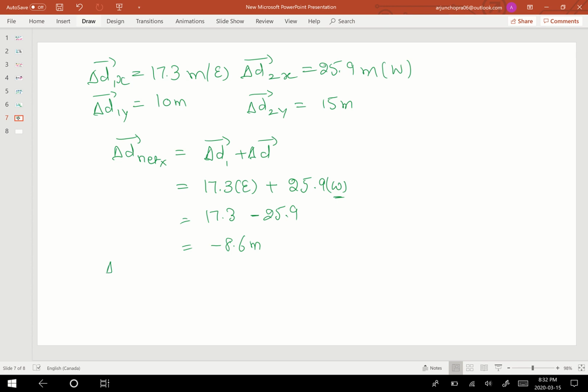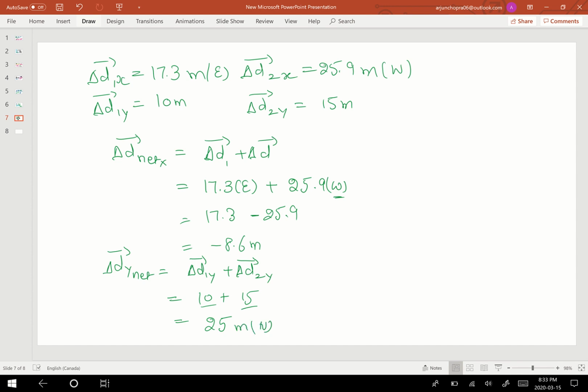And delta dy net is equal to, again, delta d1y plus delta d2y. This will give me 10 plus 15, which comes out to be, both are in north direction, so both are positive values, and the value will be 25 meters in north direction.